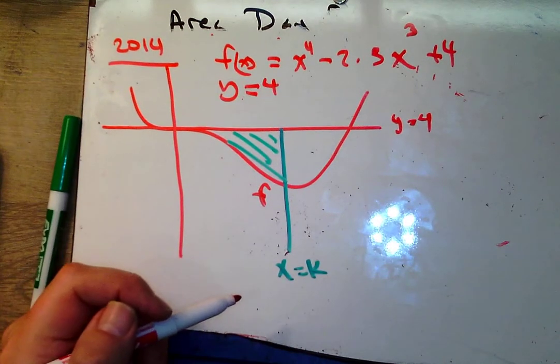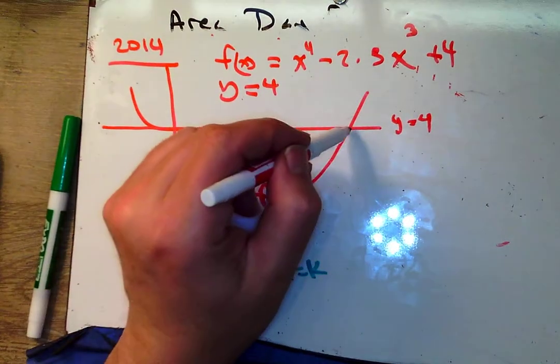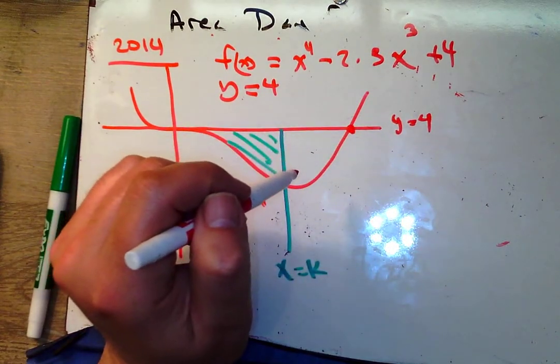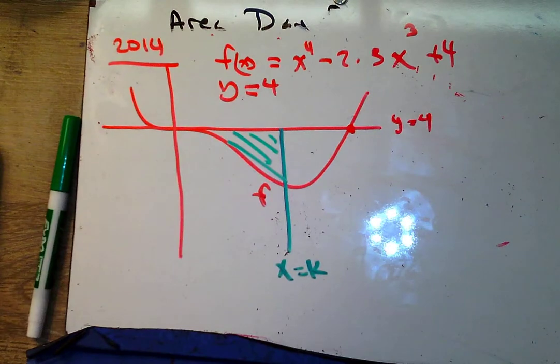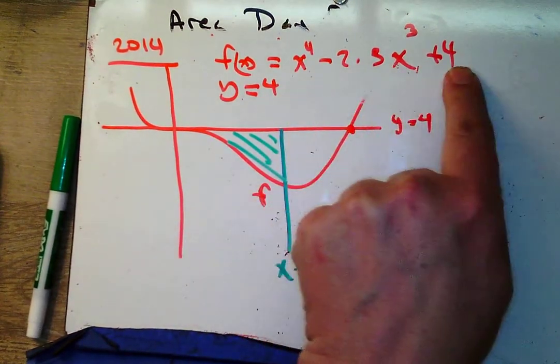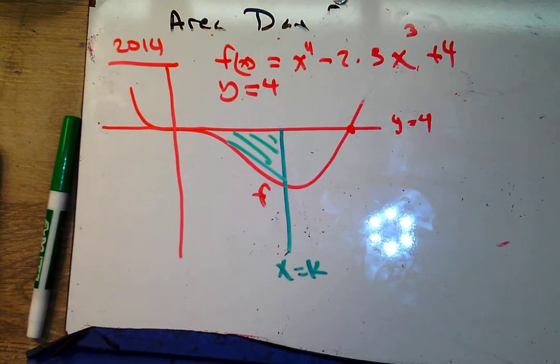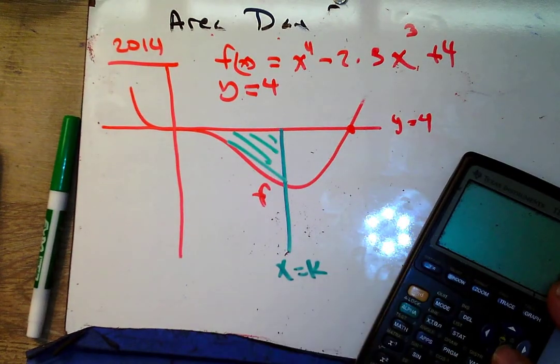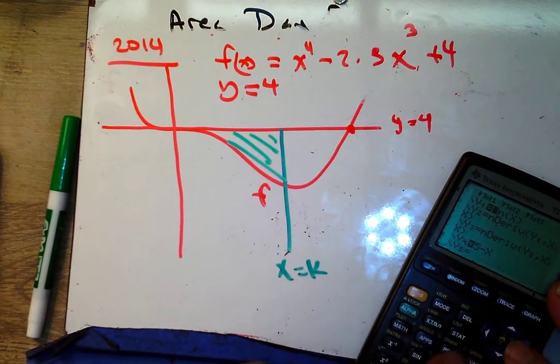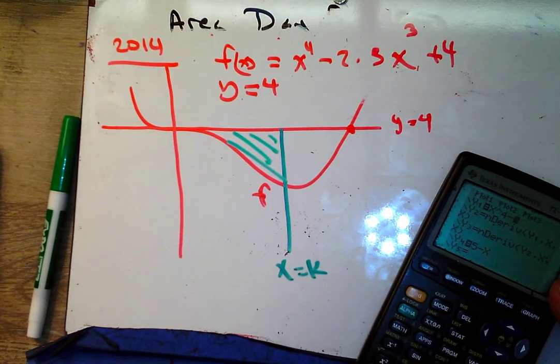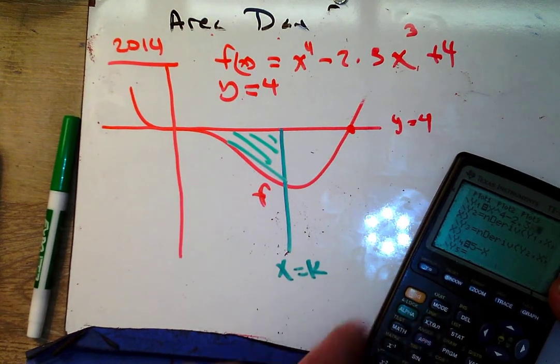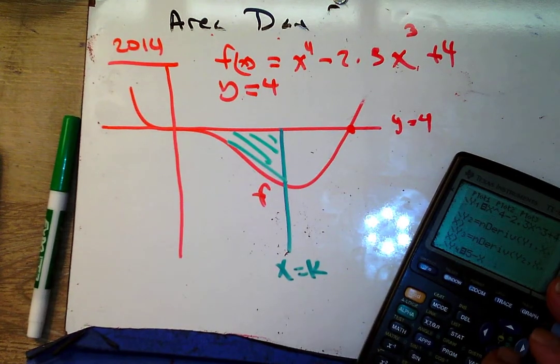I think I need to know where that point of intersection is. Do I need to know where that is? And that's where 4 equals this quartic polynomial. So let's type in that quartic polynomial. X to the fourth minus 2.3 x to the third plus 4.